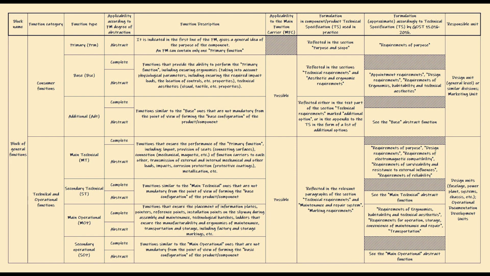Based on the results of the analysis of the table's classification of general functions and classification of special functions presented on the slide, the following conclusions can be drawn. Conclusion number 1.